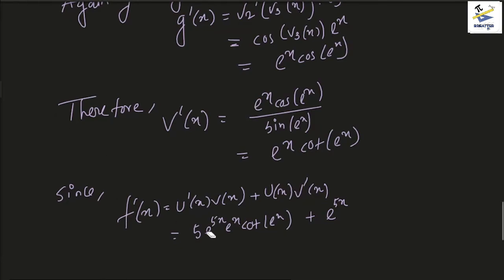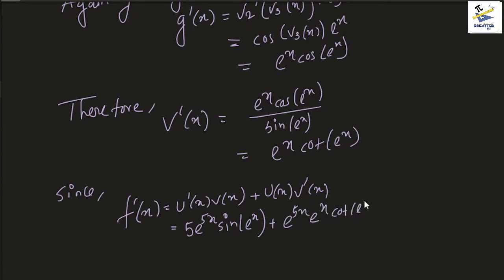Actually this one would be only vx, so not this part. So it should be 5 e to the power 5x, and vx is just sine of e to the power x plus e to the power 5x into e to the power x into cot of e to the power x, right?